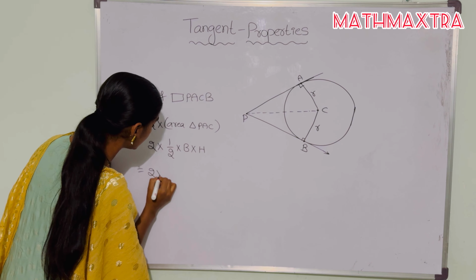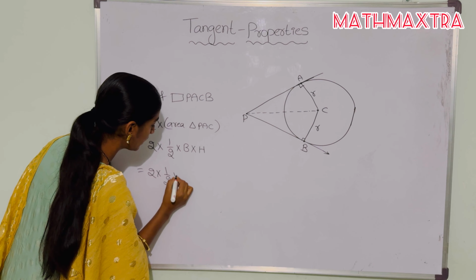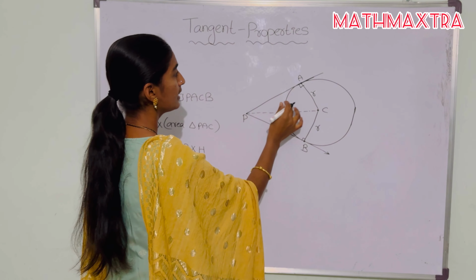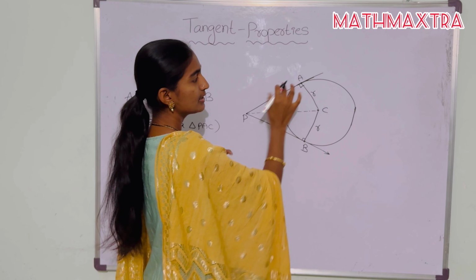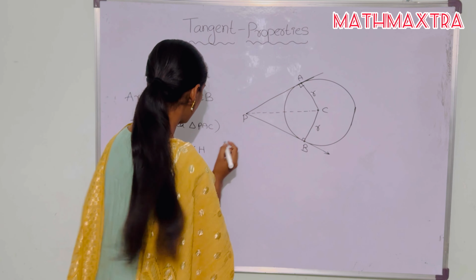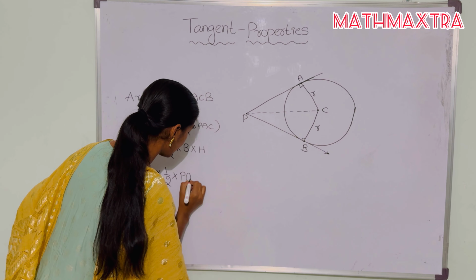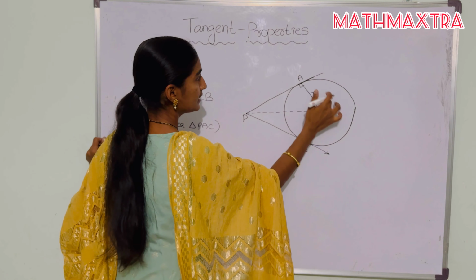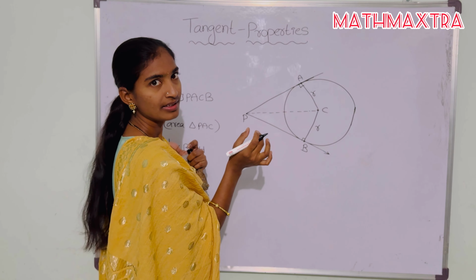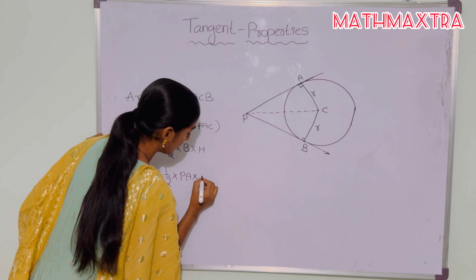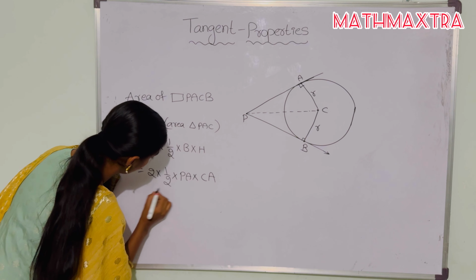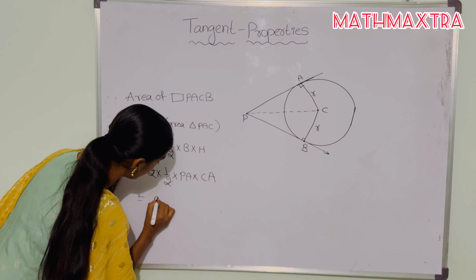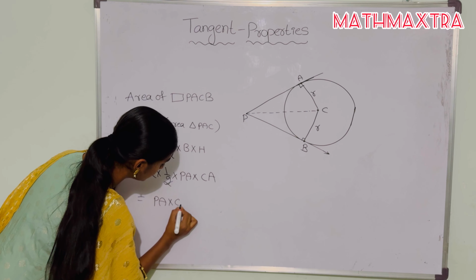So what is the height in this triangle? This is a perpendicular length, right? So PA is the height of the triangle, and this is the base of the triangle, which is simply CA, isn't it? Now simply, it is PA into CA.